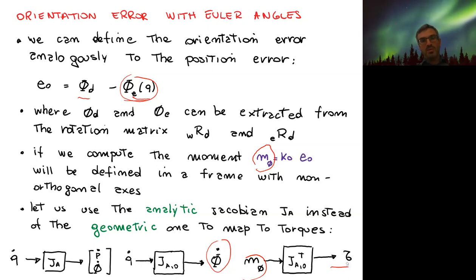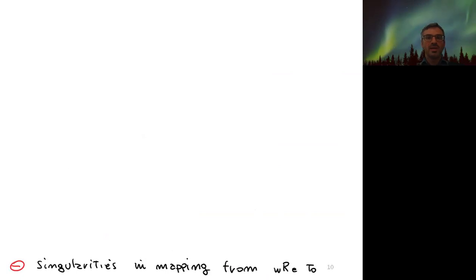So the problem of this approach is that the stiffness matrix will not really be a spring. It will be something very weird that for small orientations is the same as a Cartesian stiffness, but is using Euler angles to be defined.